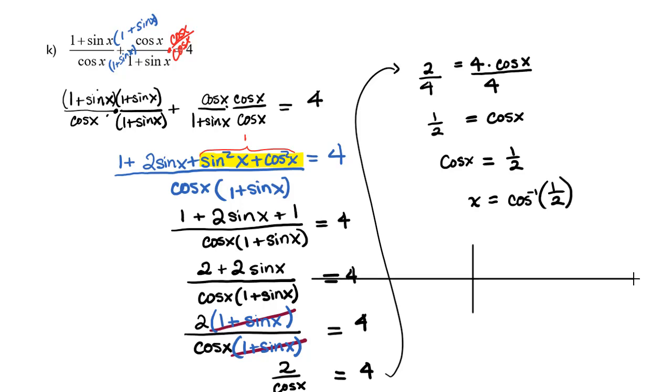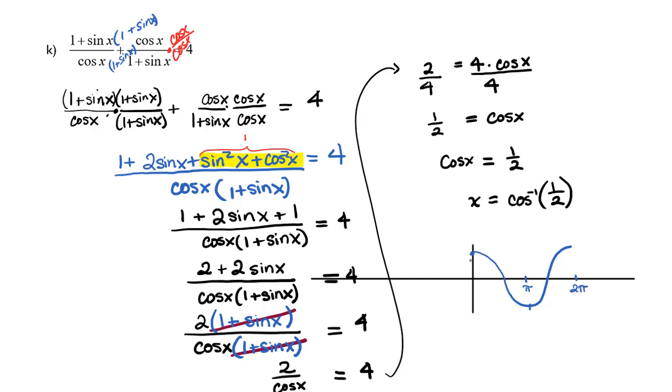If we look at a cosine function, we know that the cosine function starts off at 1 when the angle is 0. Its minimum is at pi, and then it goes back up, and its maximum is at 2 pi.